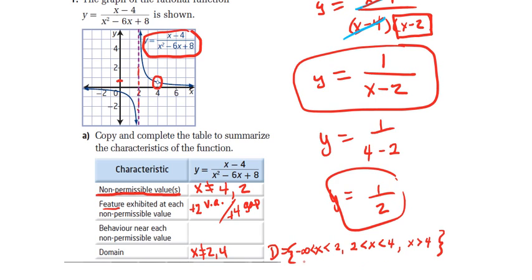So you see how this is expressing the pieces of the actual domain. That's what x can be. This is what x can be. This is what x can be. Right now, if you say domain is, you cannot have 2 and 4, I'm okay with that right now. Because I just want you to learn about rational functions. But that's kind of how you would write it.